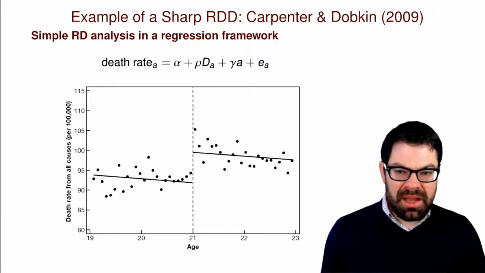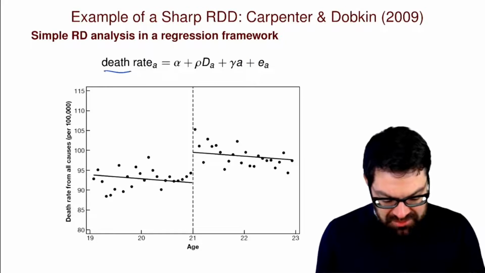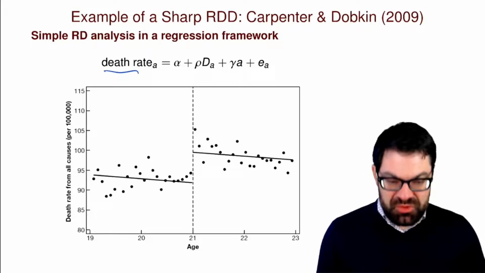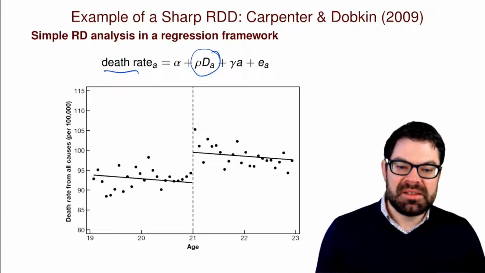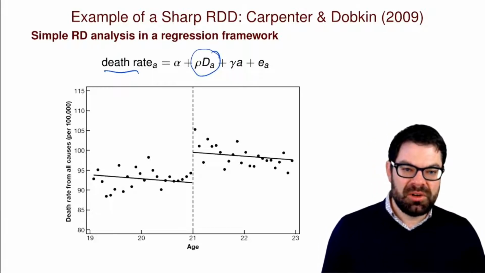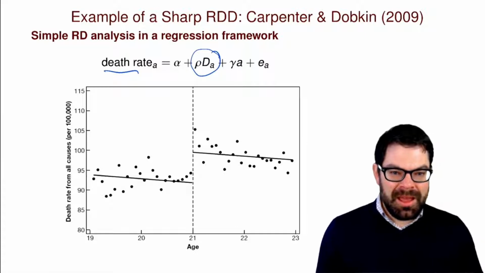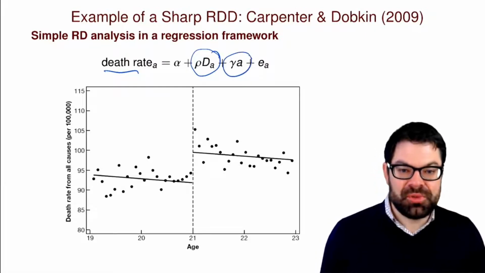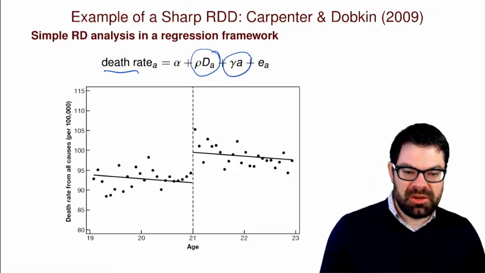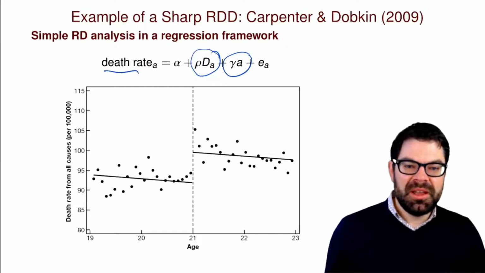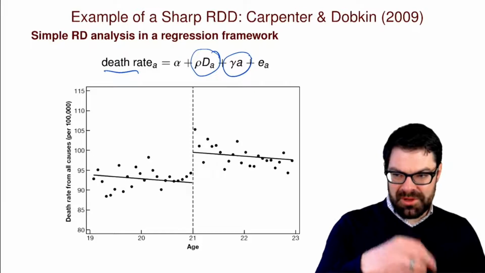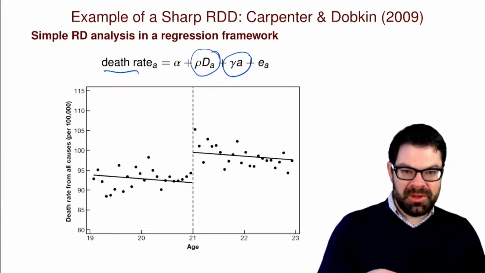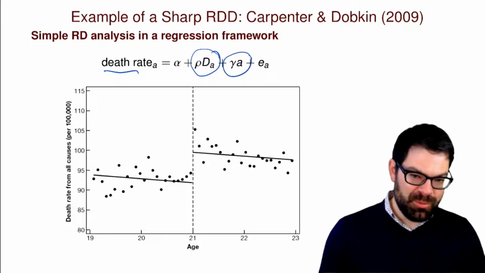So how do we do that? Well, we relate the outcome variable, the death rate, to the treatment, which is whether someone is allowed to drink or not, and control for age. So we control for the running variable, and then we have a dummy that equals 1 when the person is above 21 and 0 if below.